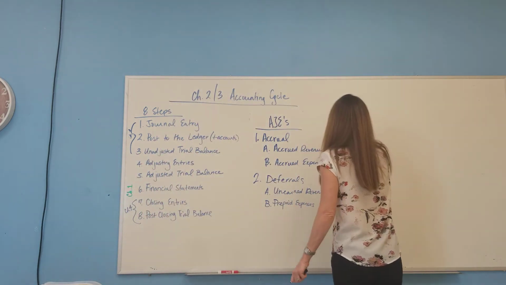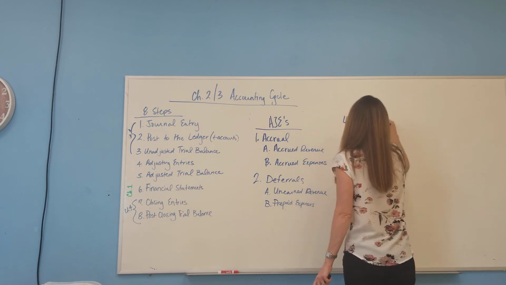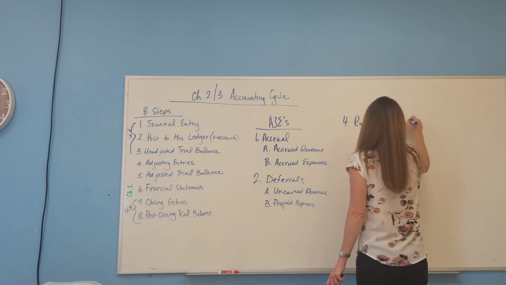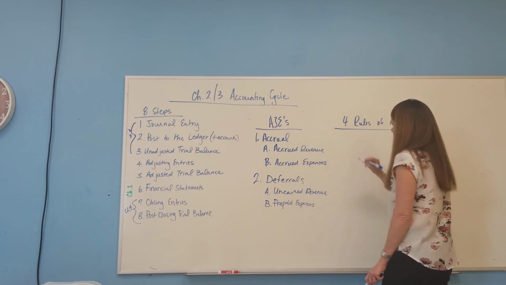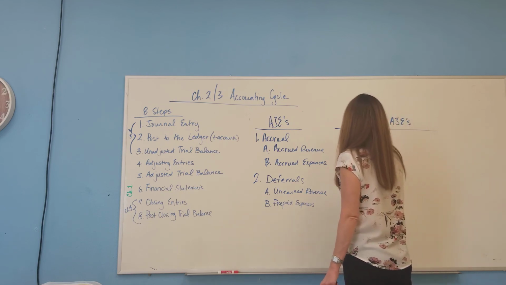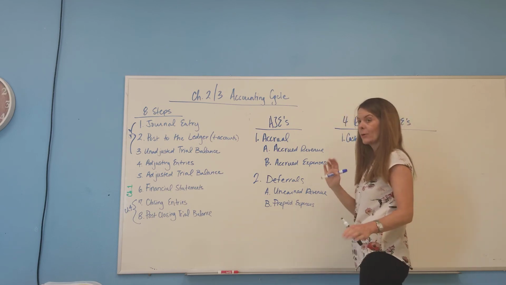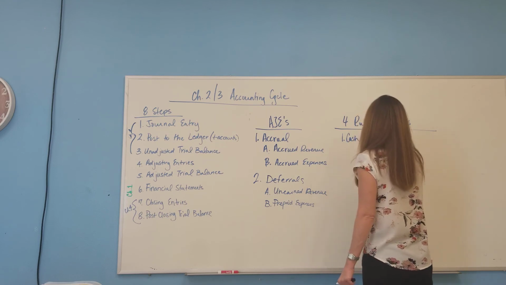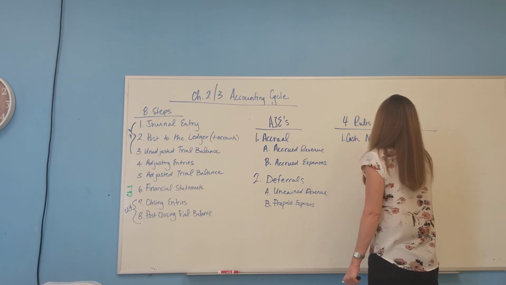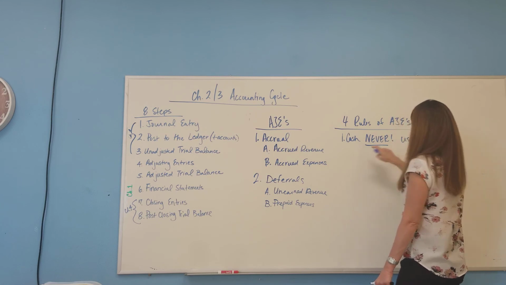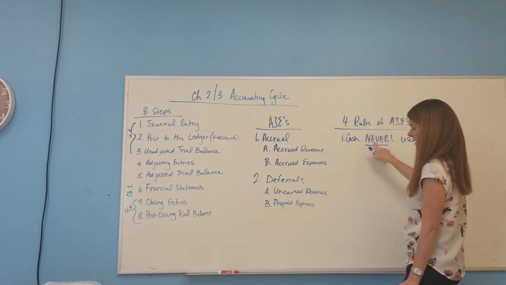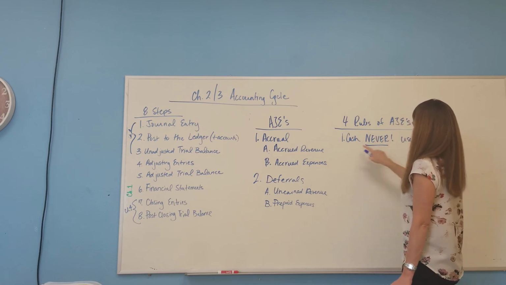I'm going to do one more thing and that'll be it. I'm going to do my 4 rules of AJEs. Number 1, cash. The account cash is a debit or credit never used. Do you see how I bolded, pretend it's bold, capitalized, exclamation point, and underline?